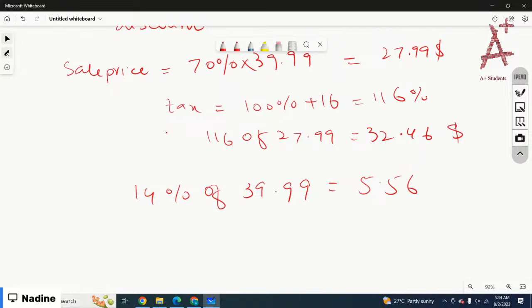So the sale price would be 39.99 minus 5.56, that equals 34.39. This is more than the actual price including tax. The actual price is 32.46. So no, the student is incorrect, right?